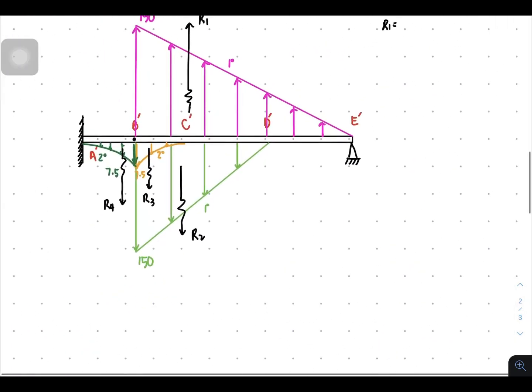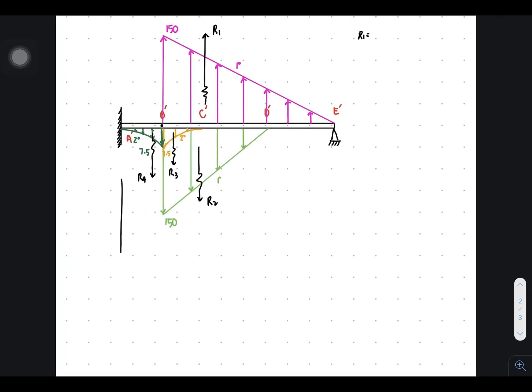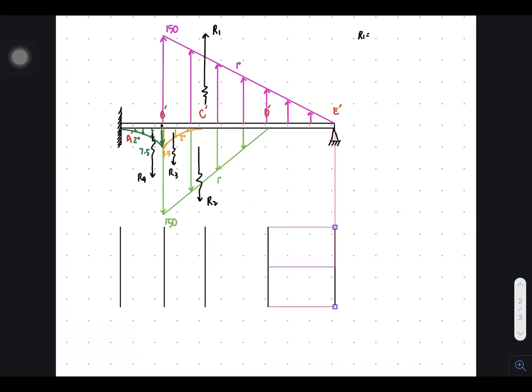R1 is napadaytay distances. Then copy. And this is for there. So we have this distance.